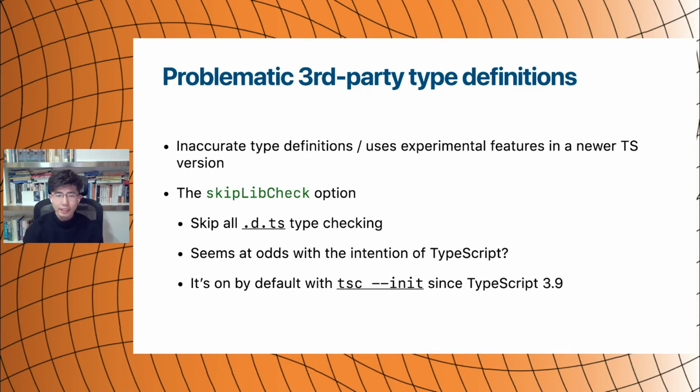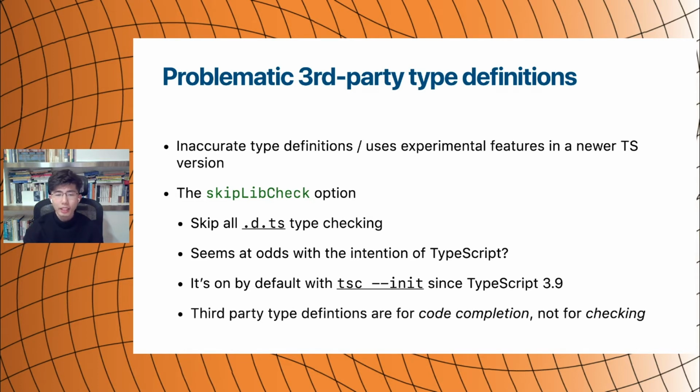The logic behind this is that third-party type definitions should be used for code completion, not for type checking, because those type definitions are very helpful if we only use them for IntelliSense, for checking available options and deprecated types.